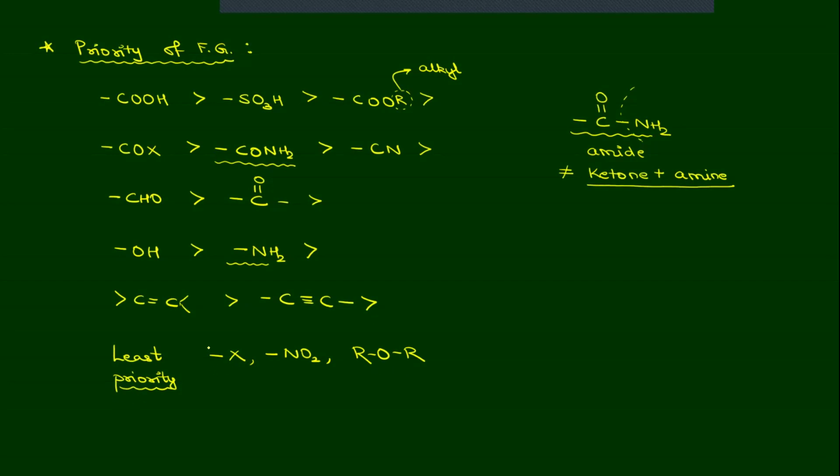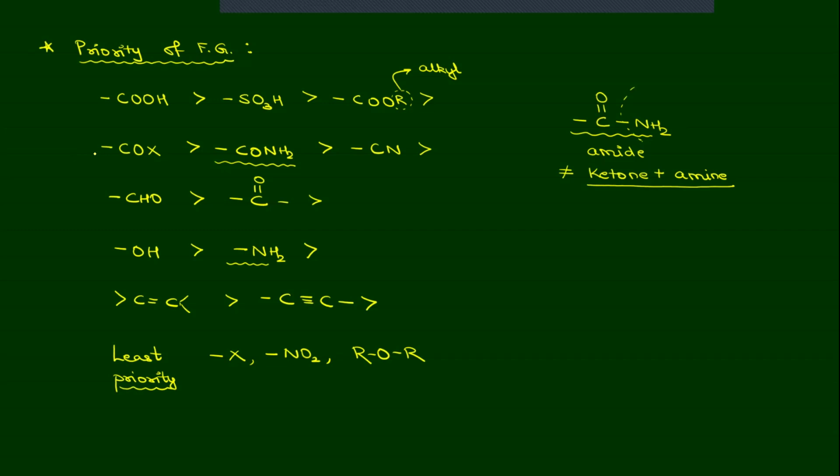These are the three functional groups which have the lowest priority. This priority order is also given on page number 21, just the previous page. You are supposed to remember this priority order by heart.